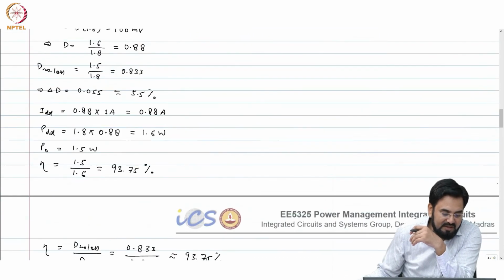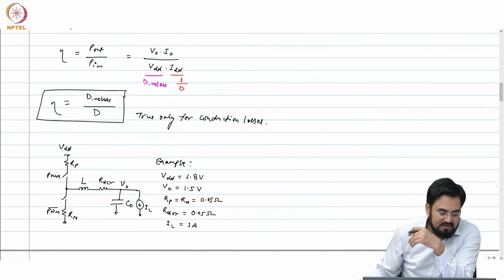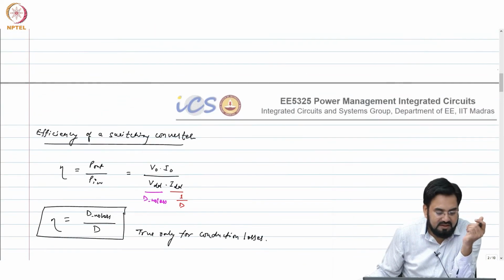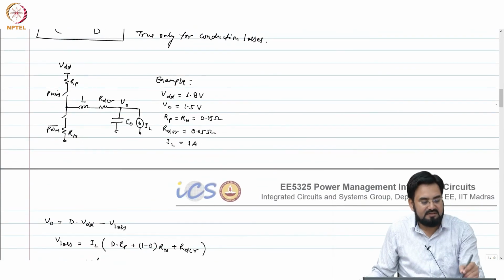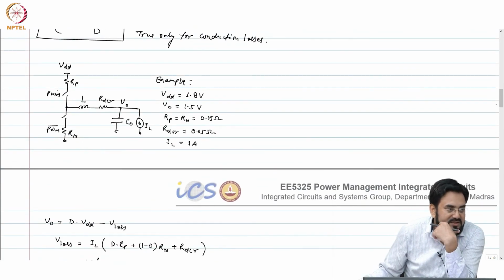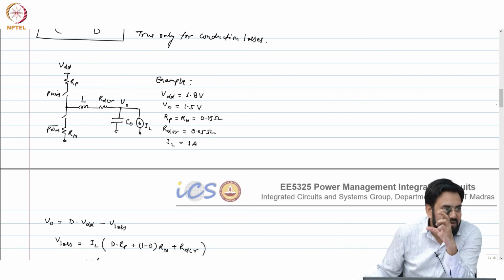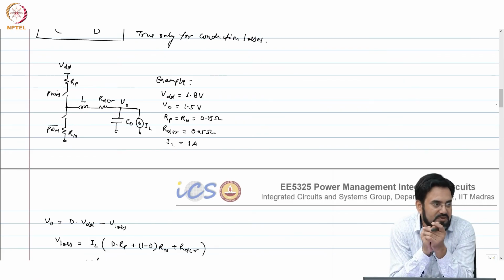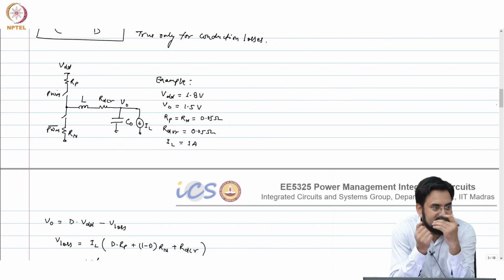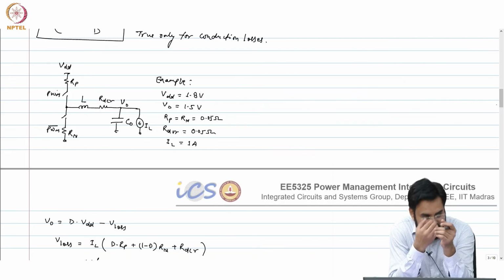We know we are losing 100 milliwatt in the switching regulator because of this DCR and switch resistance. So if your dropout is 100 millivolt, that is the V loss. If the V loss is the same in the two cases, then efficiency would be the same. Now if your dropout voltage is less than 100 millivolt, your LDO efficiency will be better than your switching converter efficiency.